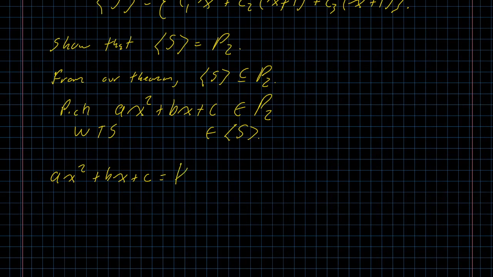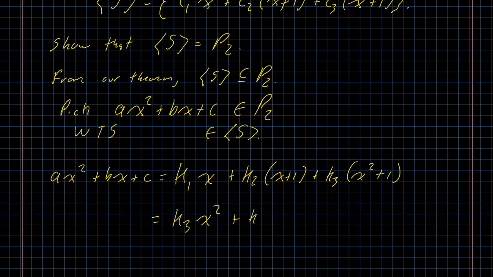I'll switch to k's. k1 times x plus k2 times x plus 1 plus k3 times x squared plus 1. And if I distribute on the right-hand side, I get k3 x squared plus (k1 plus k2) x plus (k2 plus k3).